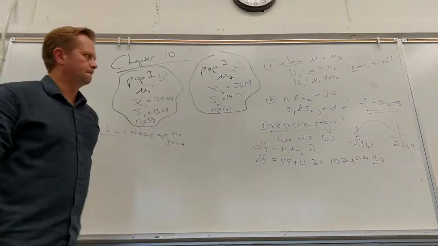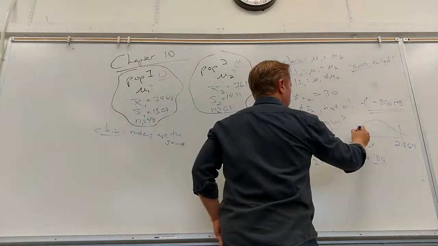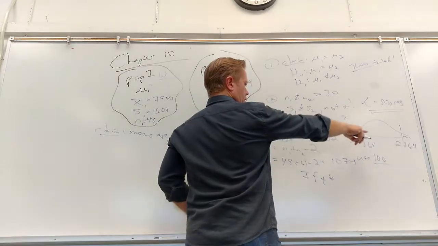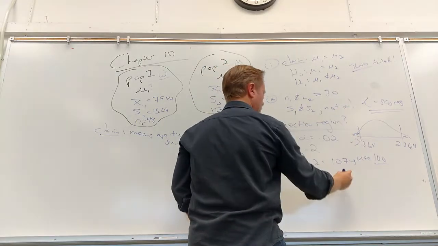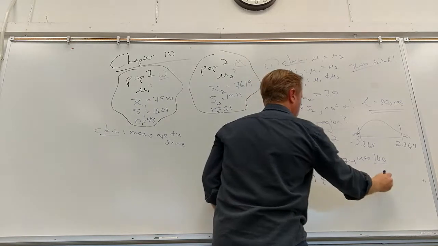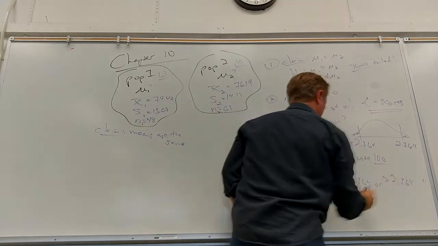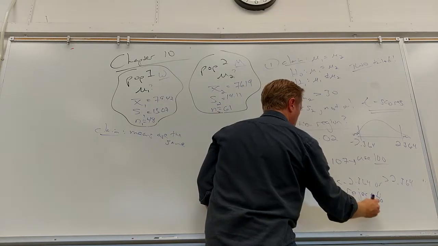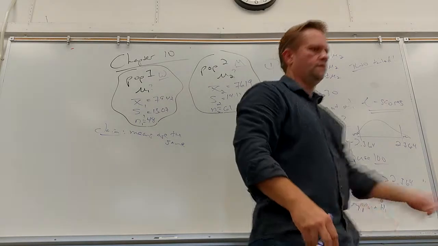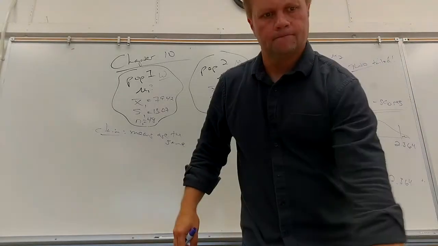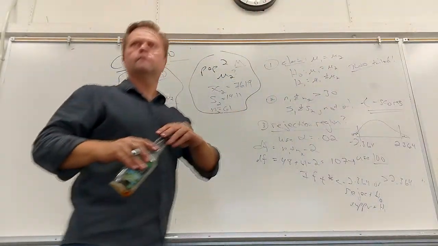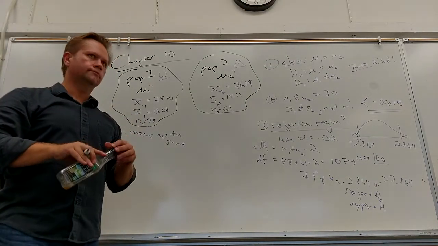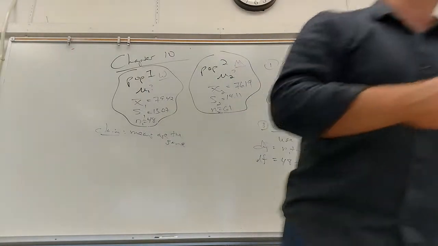I like it. So if I wanted to state this in words, when do I reject it? If my t-star is, just like the last one we did, less than negative this or greater than positive that, you can reject the null, support the alternative.